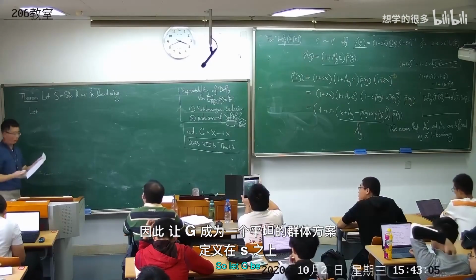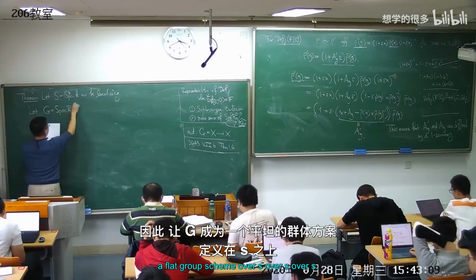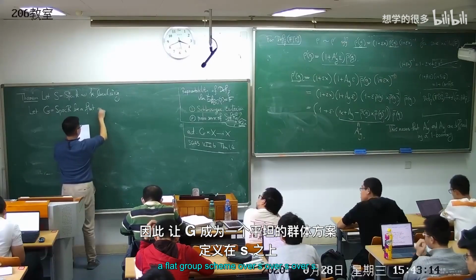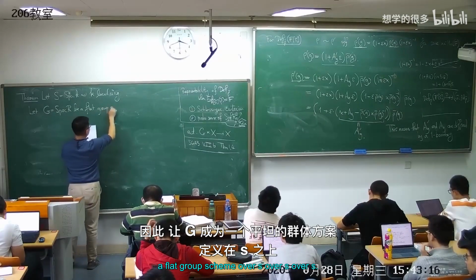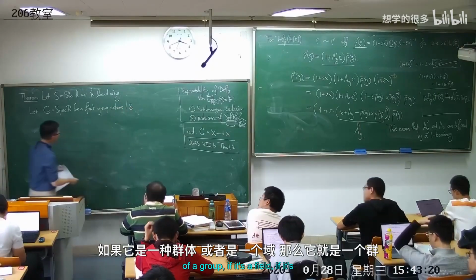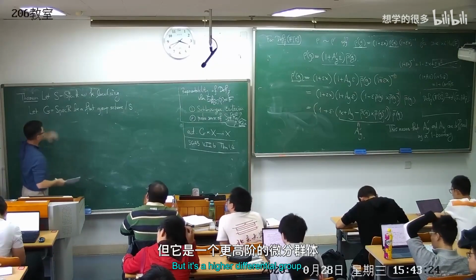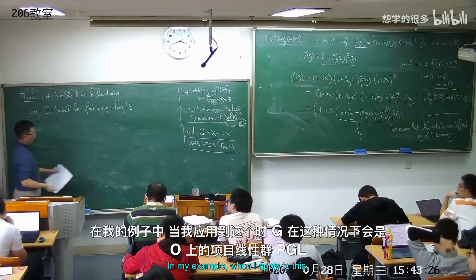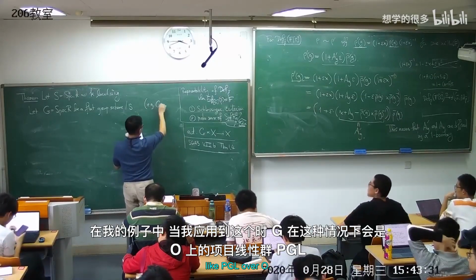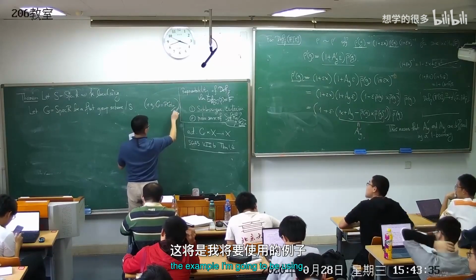So let G be a flat group scheme over S. If K is a field, this G is just a group, but a higher dimensional group. In my example, when I apply this, G is going to be something like PGL N over O. That's the example I'm going to be using.